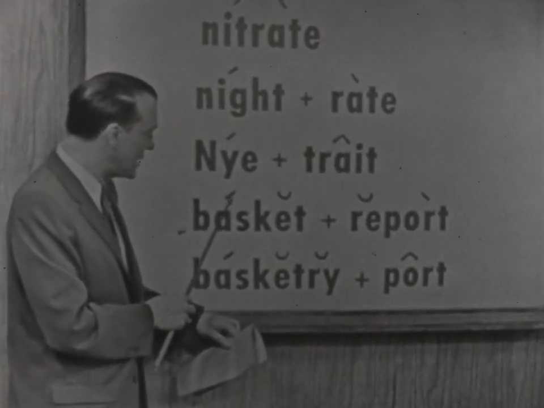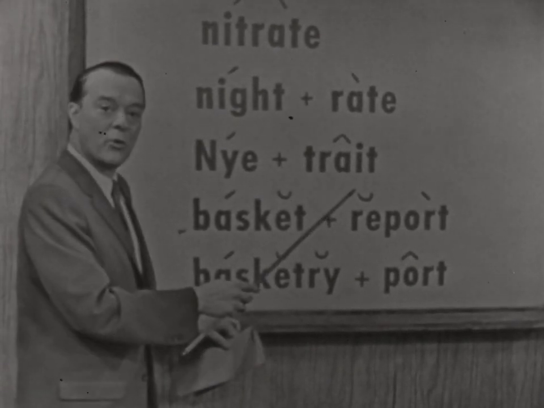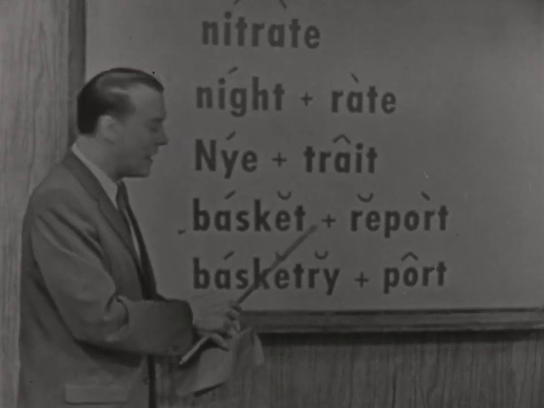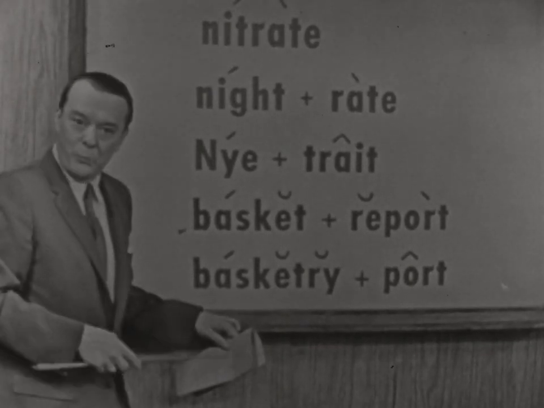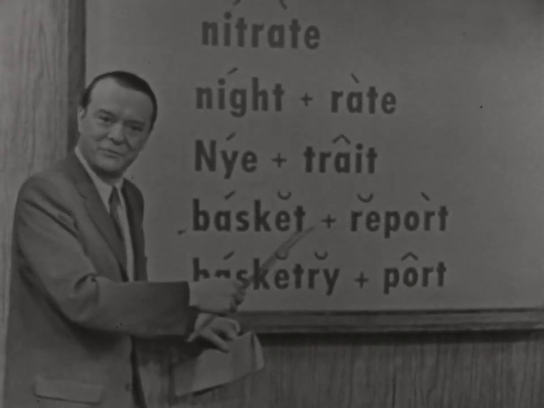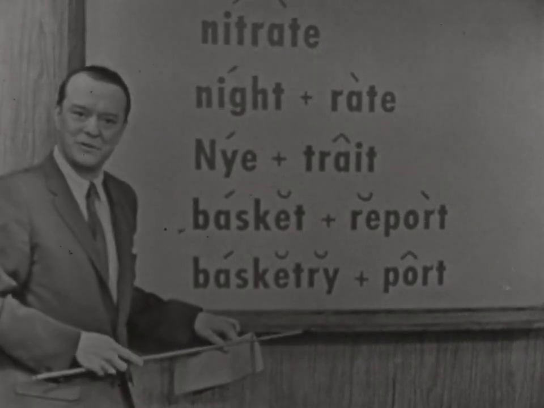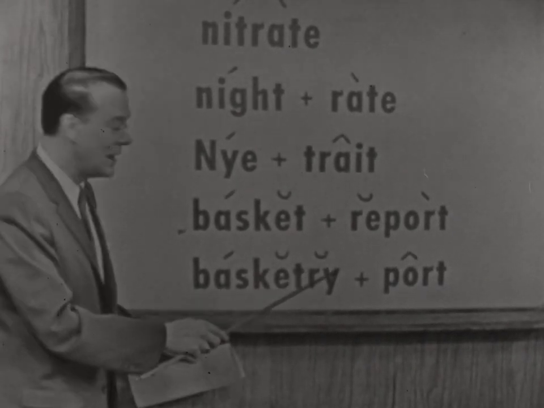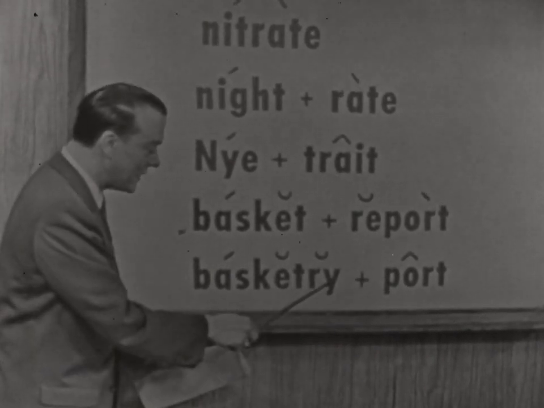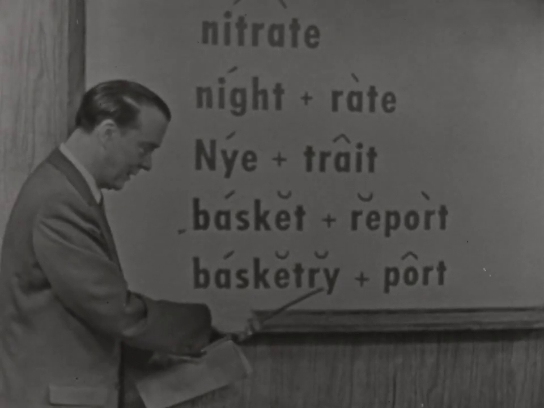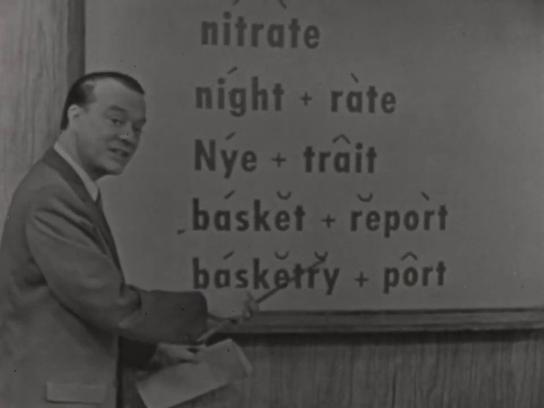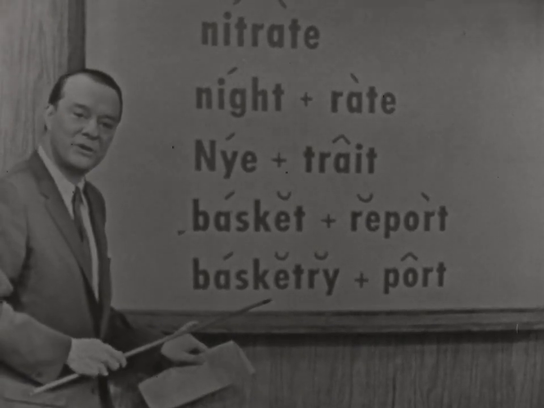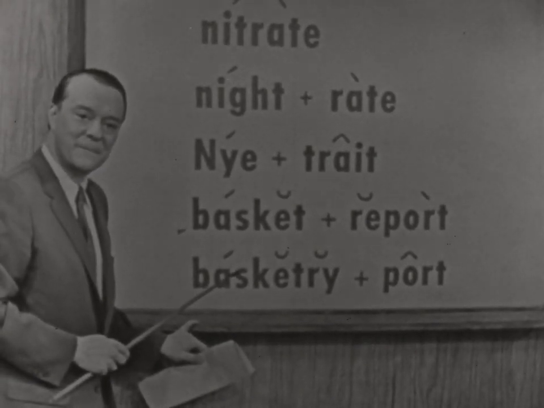Now notice, in the case of these two words, basket report. Basket report. The plus juncture comes between the T and the R. This is a report on baskets, or a report perhaps that's residing in somebody's basket on his desk that he doesn't intend to do too much about. A basket report. But when I say basket report and put the plus juncture in front of the P after this particular business here, basket report now is a report that has to do with the importation or exportation of baskets.